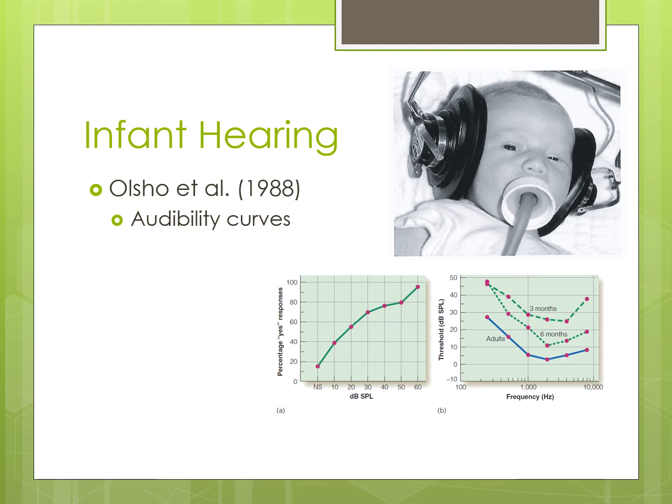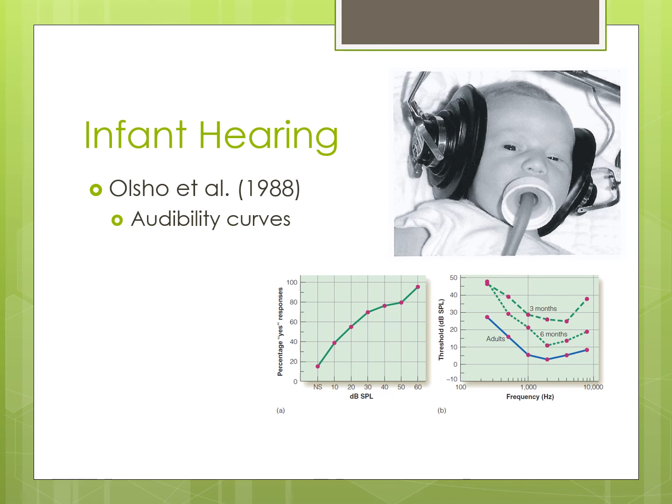Even if there's no sound, sometimes they're having some reaction that the researcher says looks like they might be hearing a sound. So they're taking that curve into account for various frequencies at different decibel levels. I'm not going to go into the calculation of that. You just have to realize they're taking into account the fact that there are these false positives in infants.